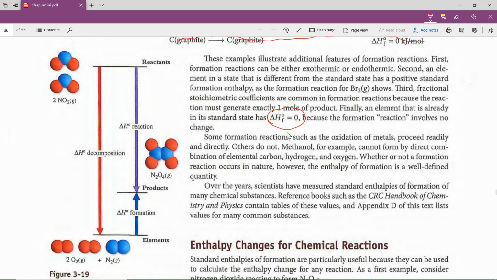Some formation reactions, such as oxidation of metals, proceed easily and directly. Others don't. Like methanol, that can't all happen in one step. It happens in a series of steps, however, once you measure the value, that's what it is, and it's a well-defined quantity. We have Appendix D, which lists lots of values.